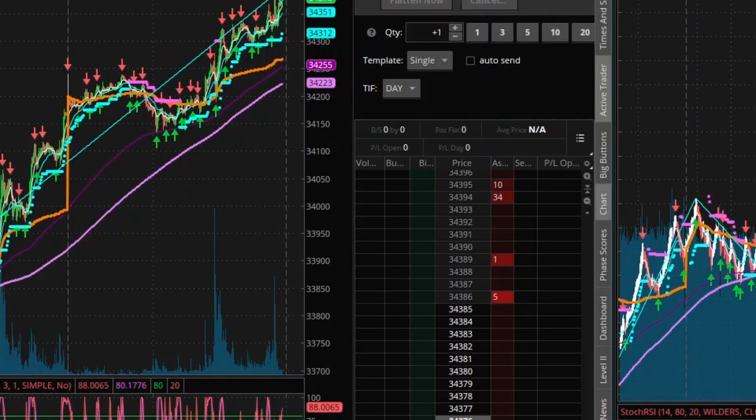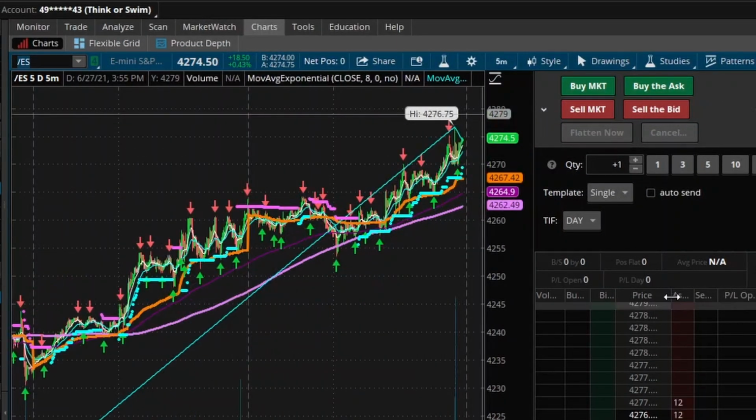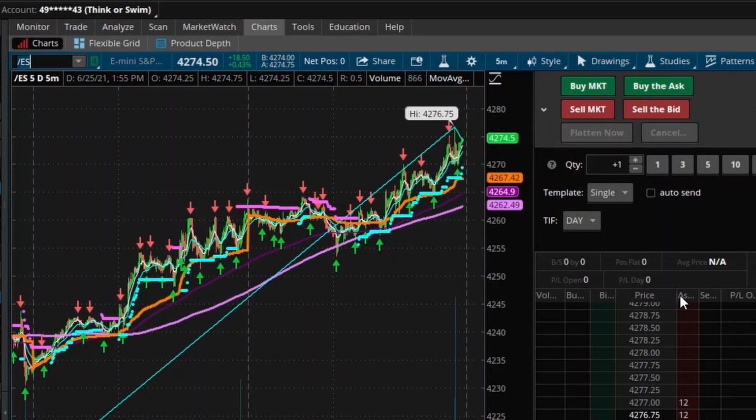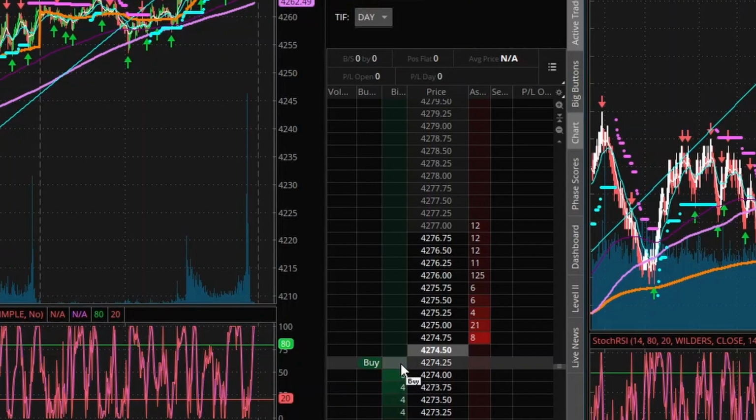However, if we look at the ES, a tick equates to 25 cents. So one tick move is 25 cents. However, 4 ticks, which is 25 cents, 50 cents, 75 cents, and a dollar, equal 1 point. So 4 ticks is equal to 1 point.